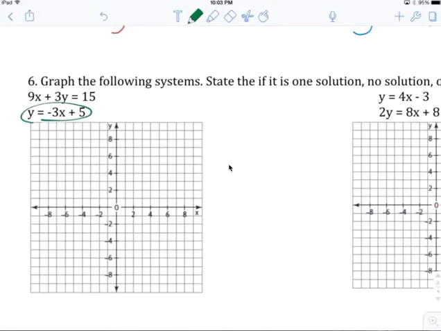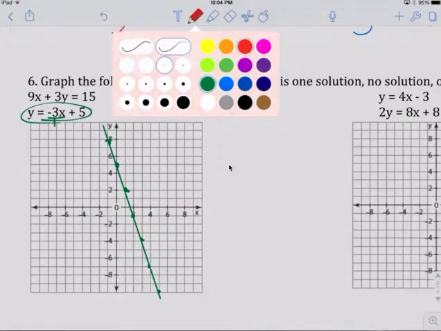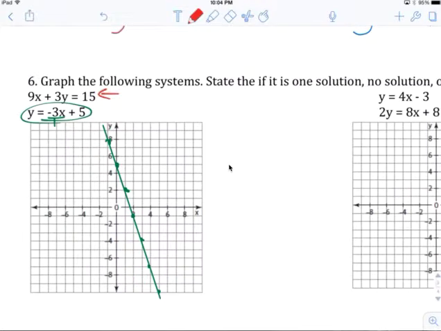Okay, we can graph this one. Y is 5, then down 3 over 1. Now with the other one, in order to graph this one, you have to make it slope-intercept form.